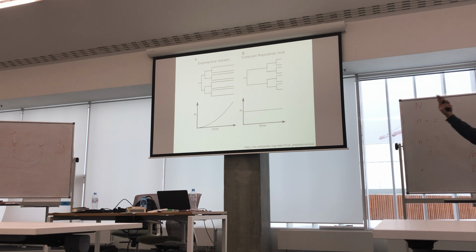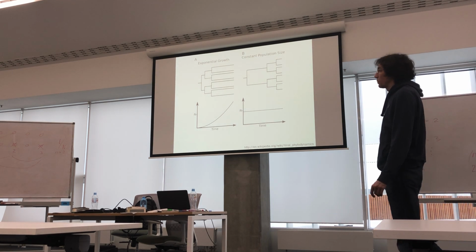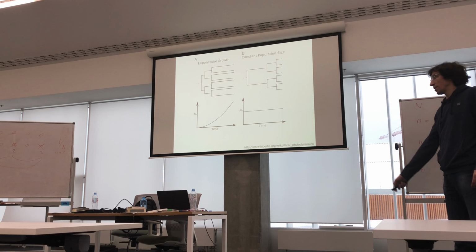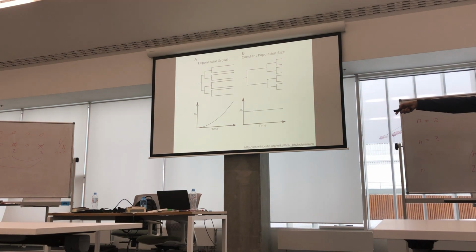If you just have a sample of two genotypes, there's not much that you can do, right? You just compare two genotypes and count how divergent they are. That just gives you one estimate of N.